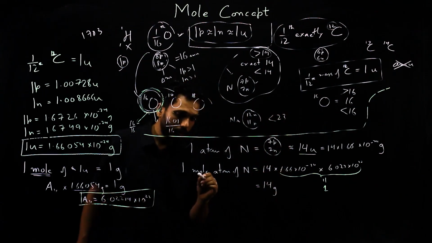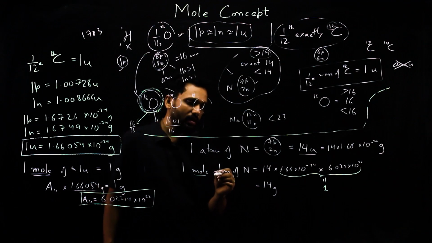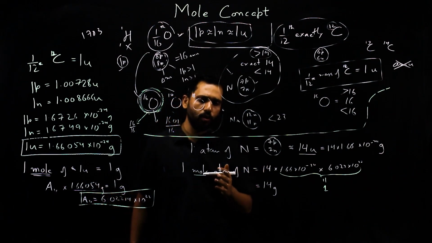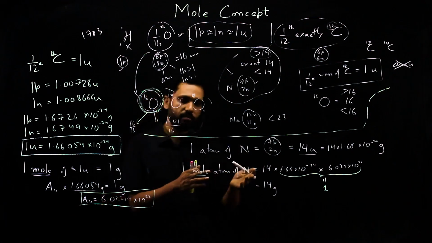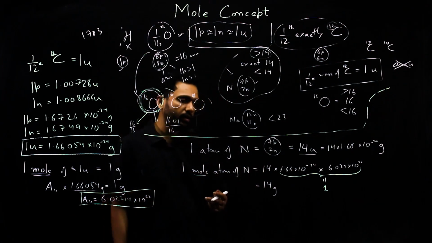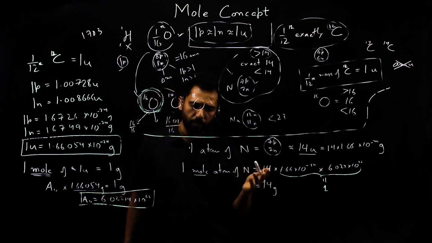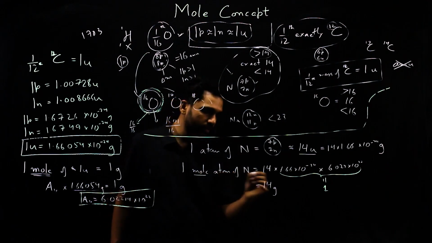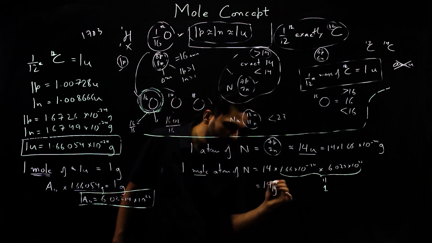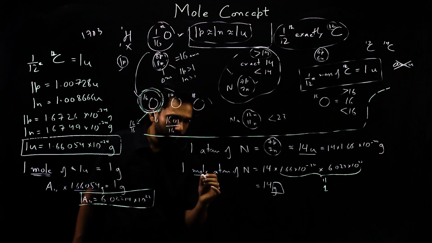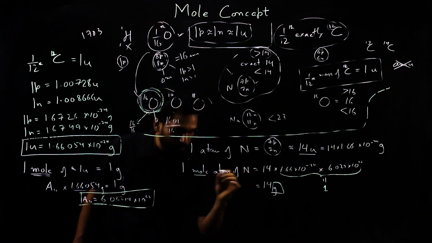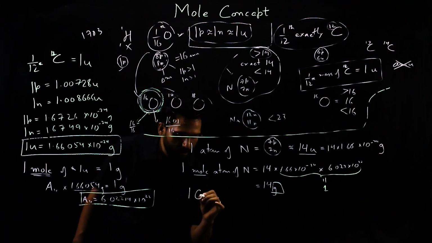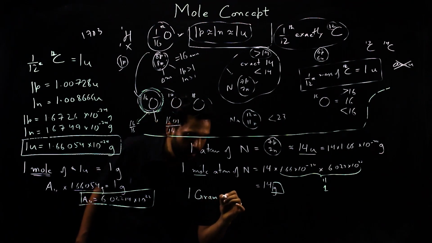Now since a mole of atoms of nitrogen, or a mole of anything, molecules of any species, say calcium or calcium oxide, any compound, gives you the answer in grams. The word gram atom was also used. So this very same thing, 1 mole of nitrogen atoms, can be written as 1 gram atom of nitrogen.